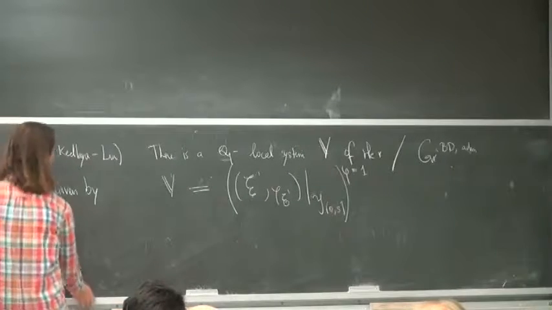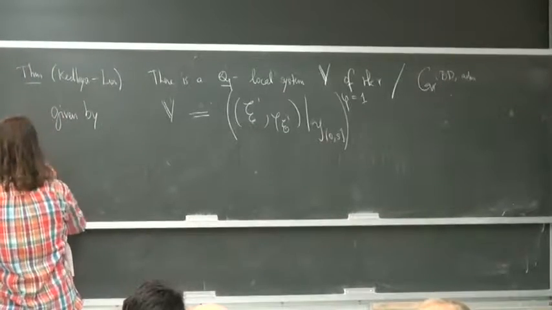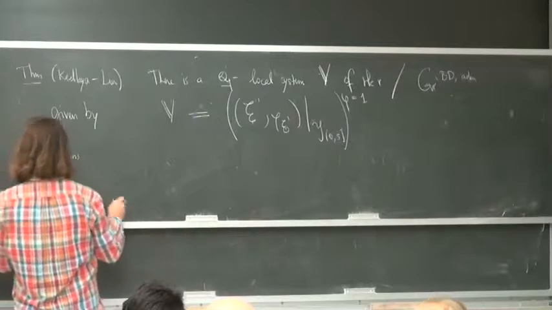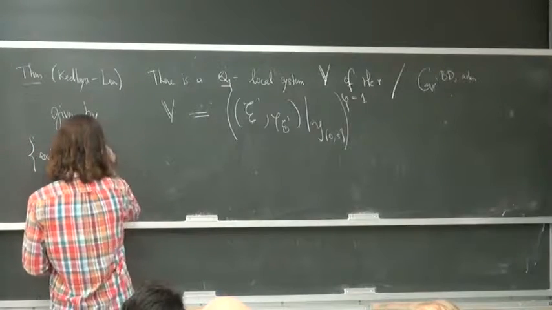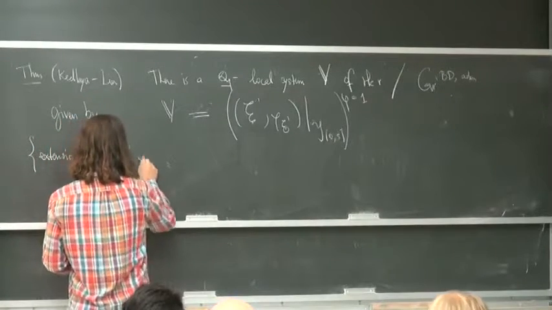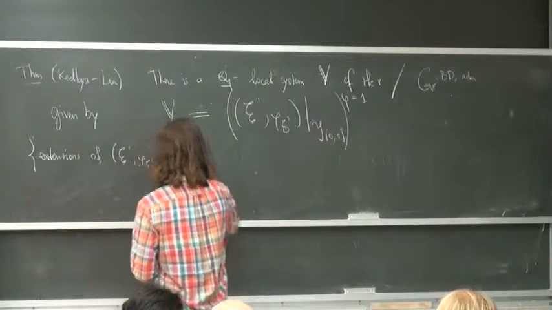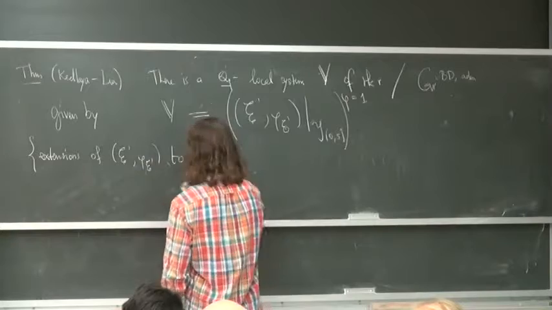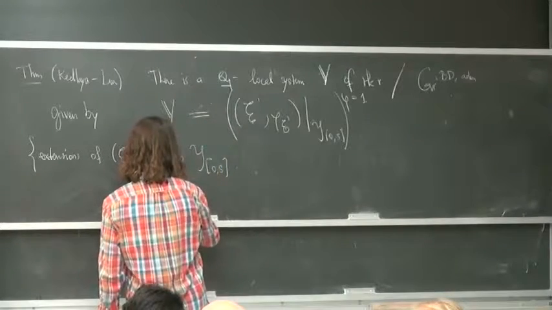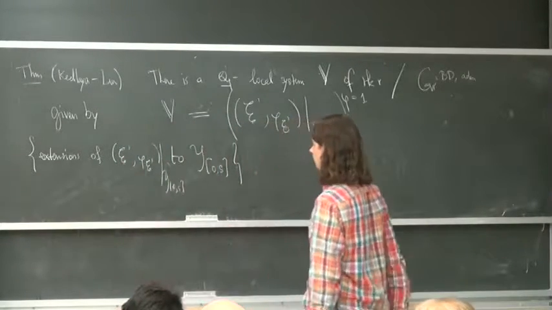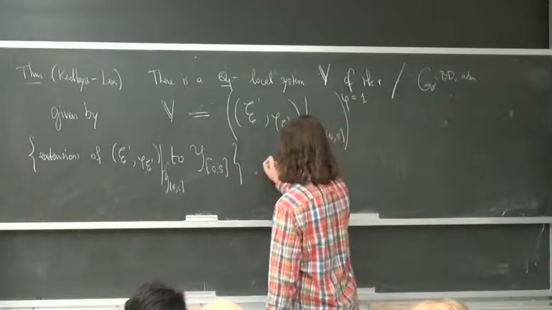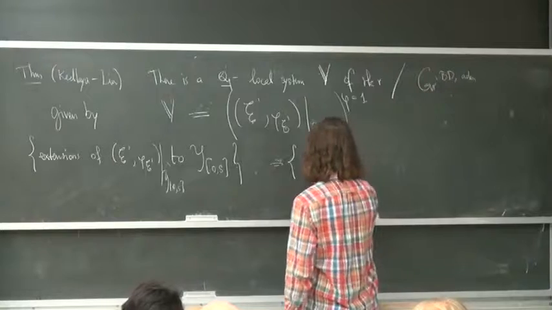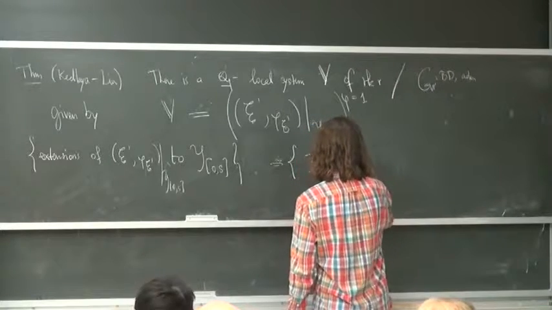And then also the possibilities of extending E prime phi A prime to all of it, restricted to this open part, and then to the whole thing, are one-to-one bijections, the same as the p lattices.